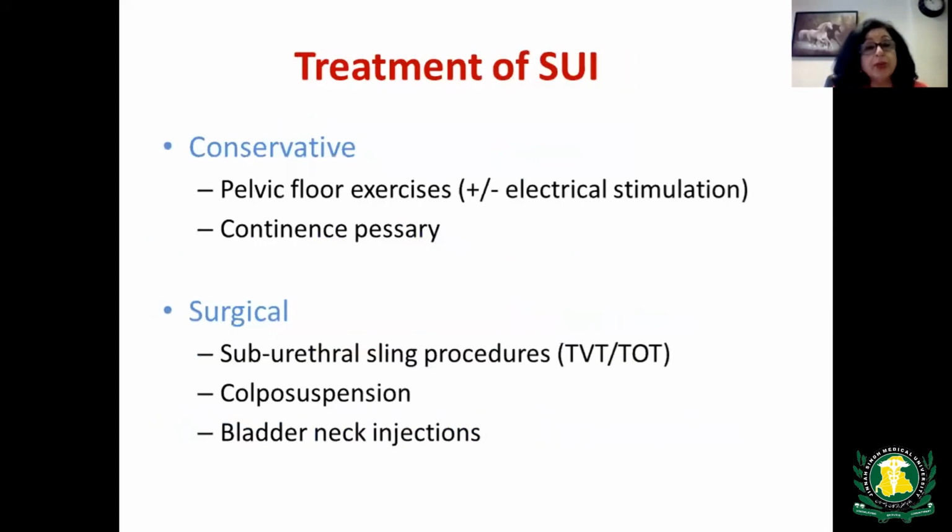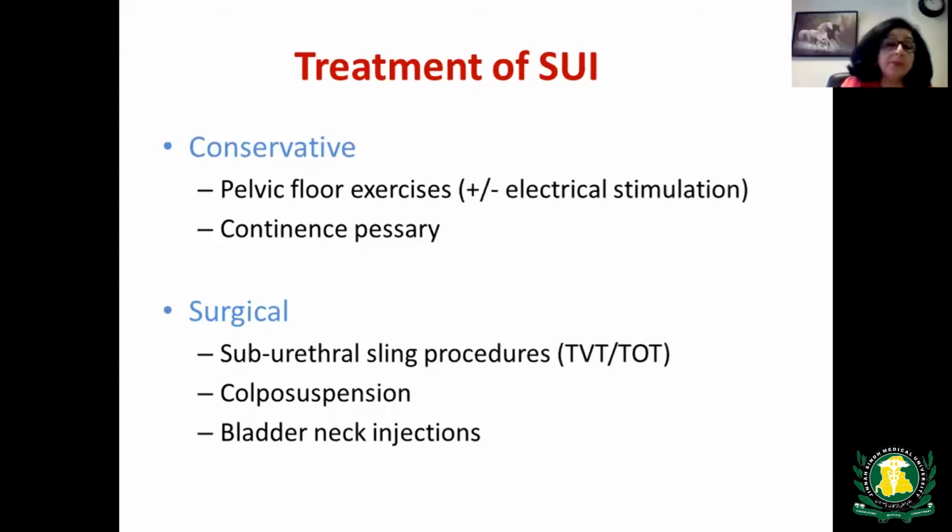So for the treatment of stress urinary incontinence, it is very important to offer pelvic floor exercises, because a lot of times the problem could just be a weak pelvic floor. And in the majority of women in the younger age group, with just pelvic floor exercises, there is 60% or more improvement.